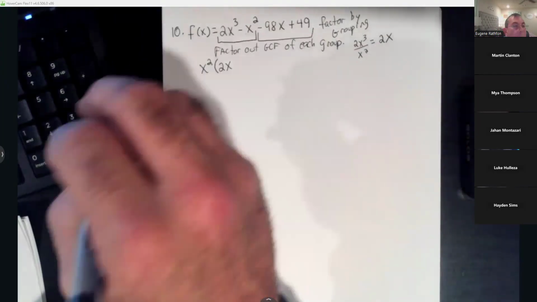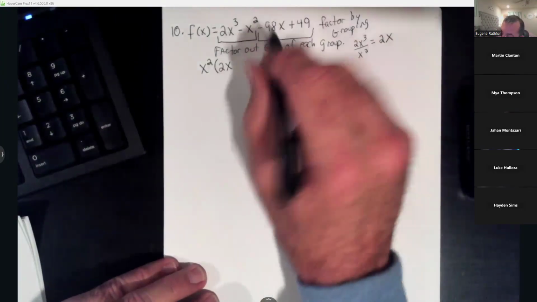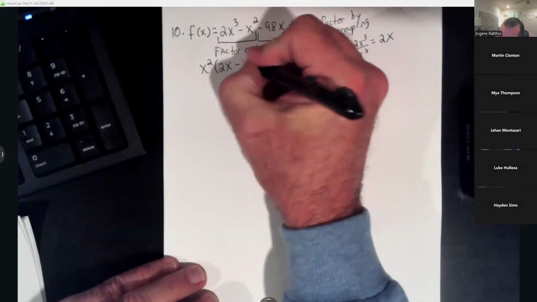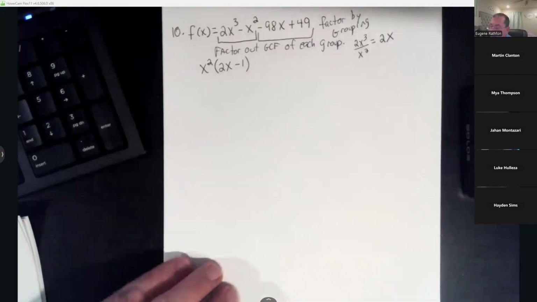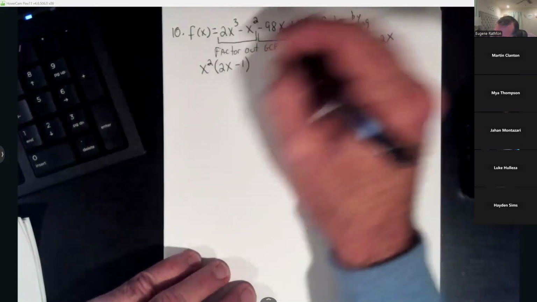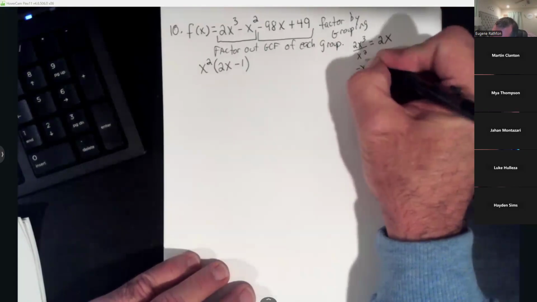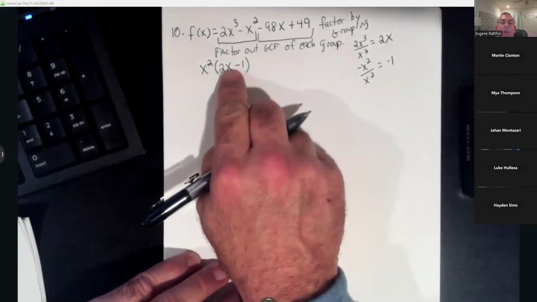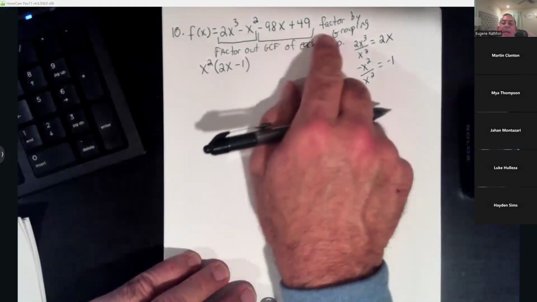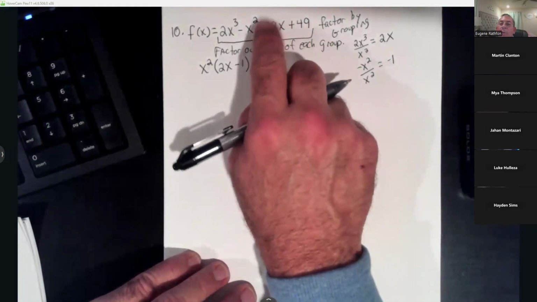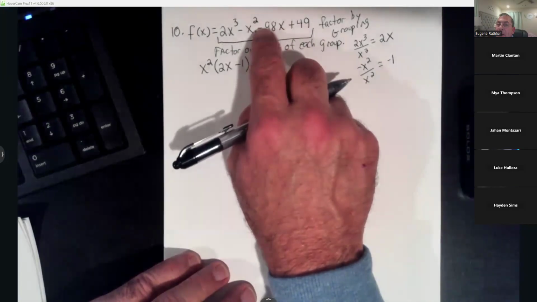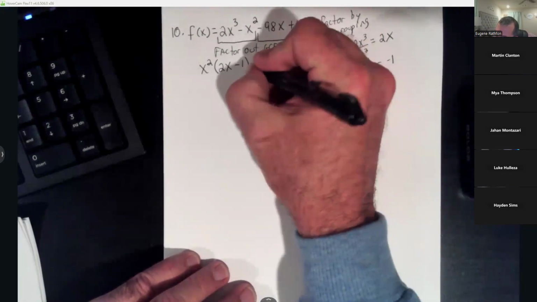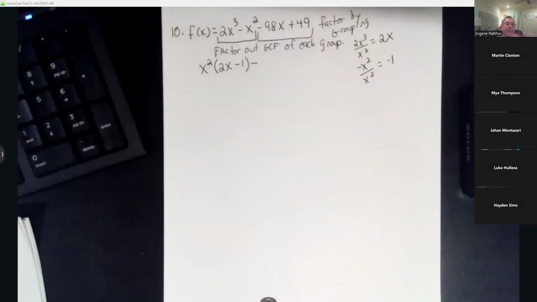Because the negative x squared divided by x squared gave us a -1. Good job. So to get that -1, we had negative x squared divided by x squared. Now remember, the second GCF is going to be the same sign as that third term. So since this is negative, my second GCF will be negative.